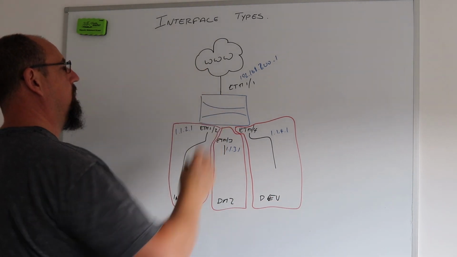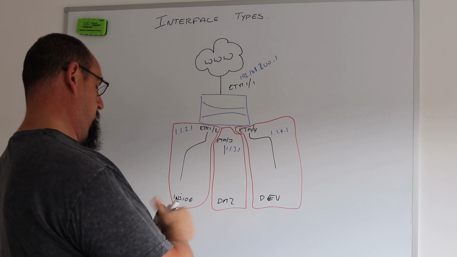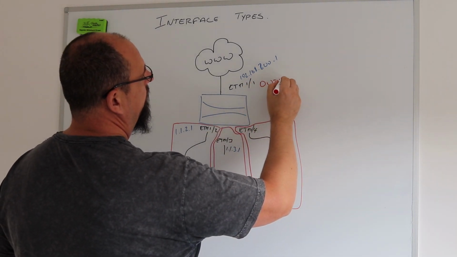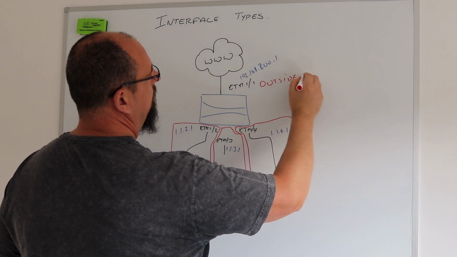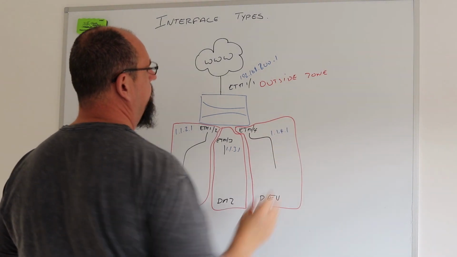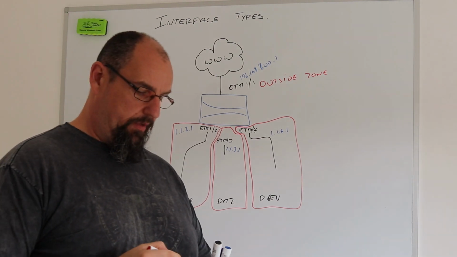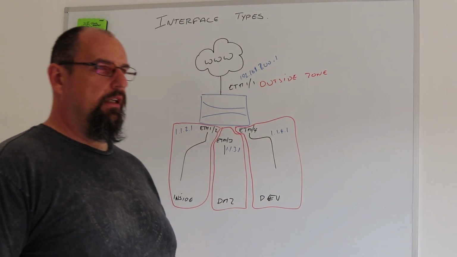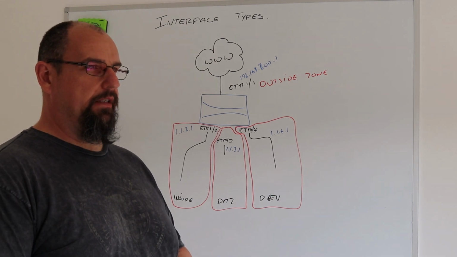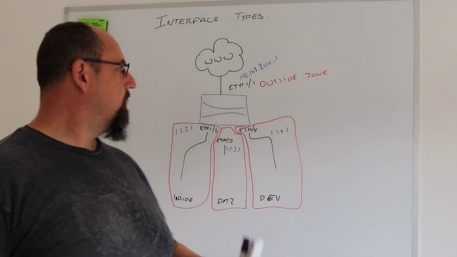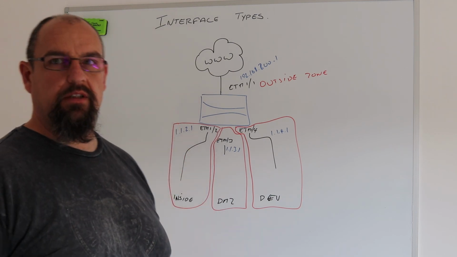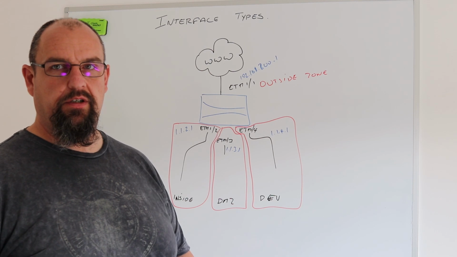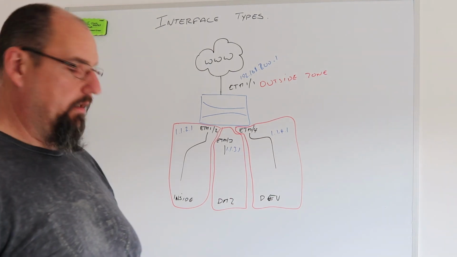This one, of course, is going to be our outside zone, or untrust as some people like to call it, although I don't really like it because it tends to detract a little from the whole zero trust thing. If you've got a concept of an untrust, by virtue of that you have to have a concept of a trust zone, and there is no such thing as a trust zone. I don't think we should be trusting any zones.